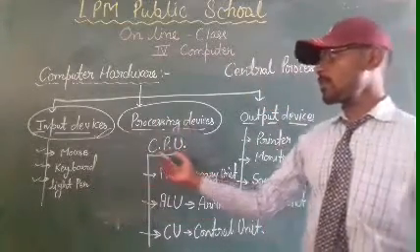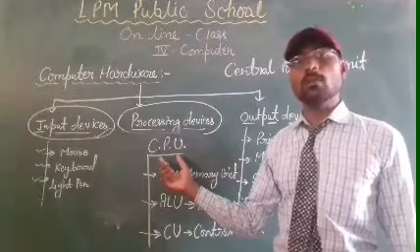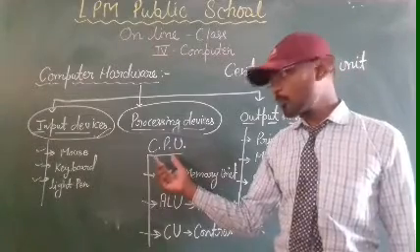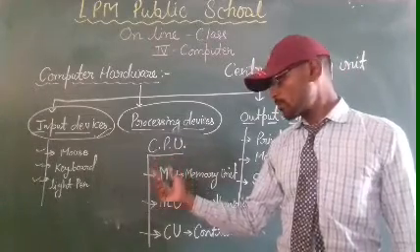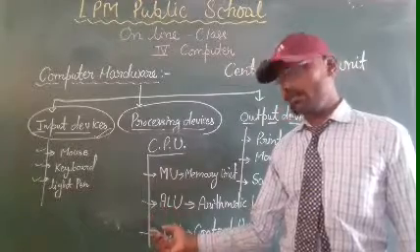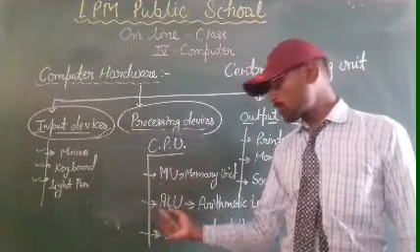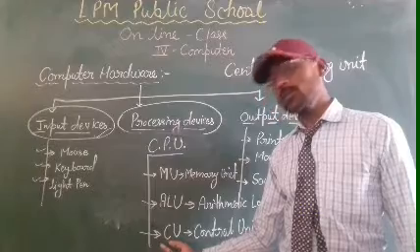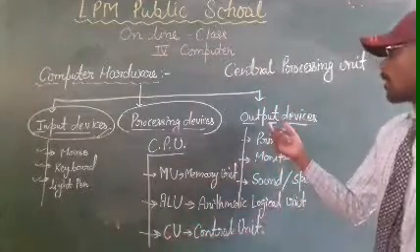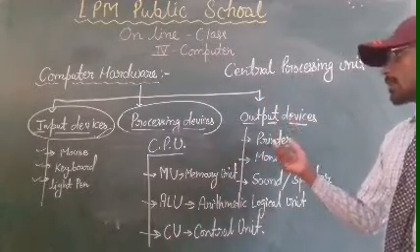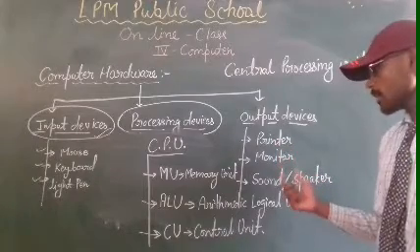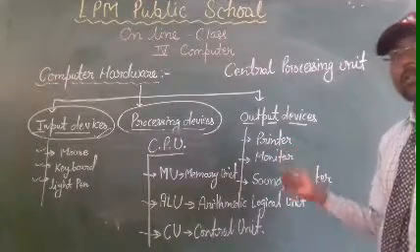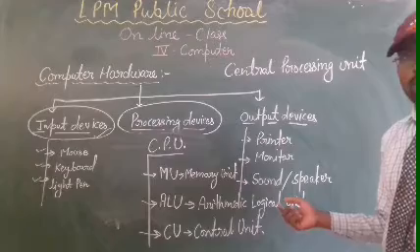Processing devices, CPU is the only processing device. A CPU is divided into three parts: MU, ALU, and CU. Output devices such as printer, monitor, speaker, these all are the output devices.